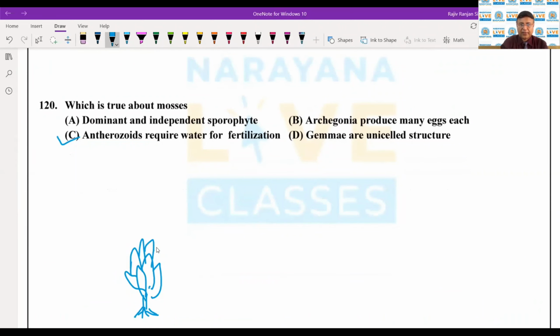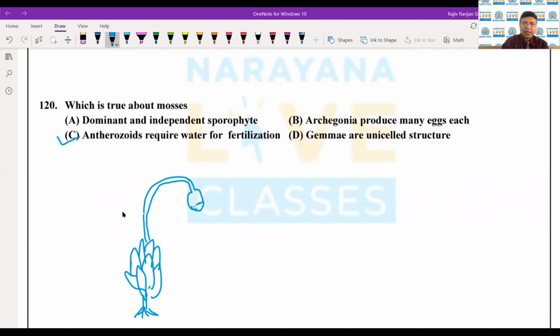So it is the gametophyte, and on this gametophyte there arises a sporophyte, the foot of which is embedded in the tissue of the gametophyte. There is a long seta, and subsequently there is a capsule here.